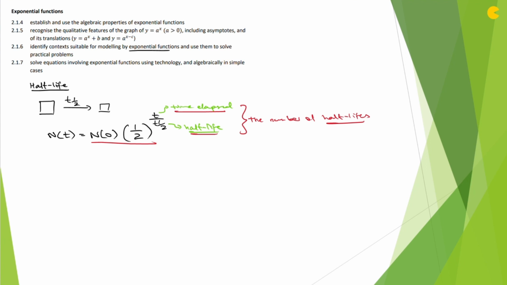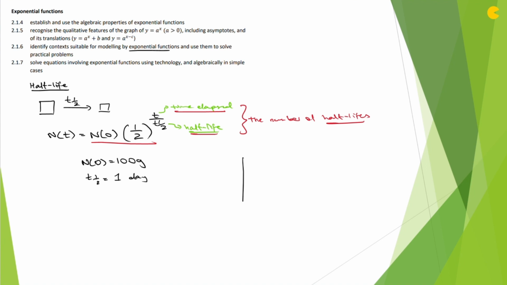And so, for example, let's say we had 100 grams of a certain substance at time 0, and then the half-life of this, T1/2, is equal to, let's say, 1 day, just for the sake of the argument.